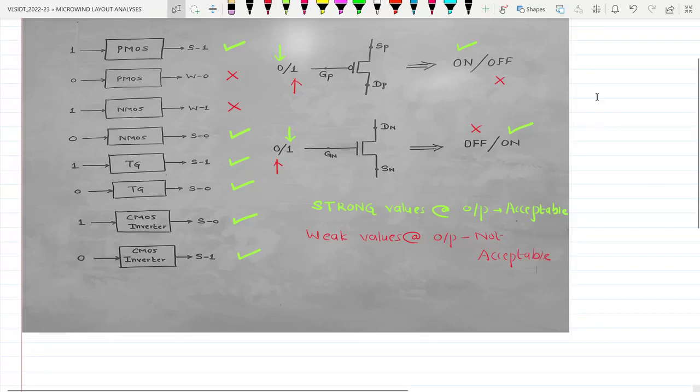To summarize it, PMOS is an active low device, which means when 0 is applied at the gate of PMOS, it turns on.